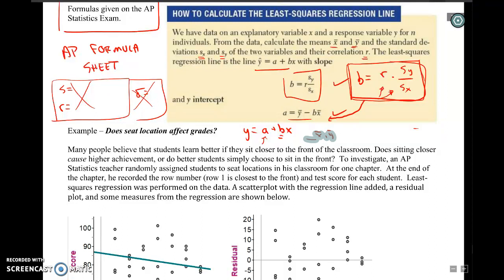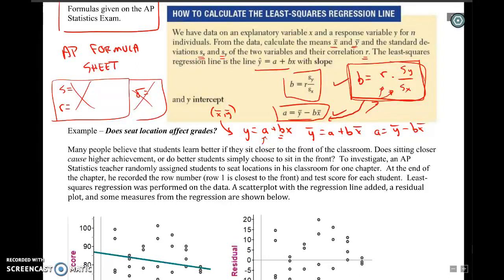So if I plug in my mean, because I know that's a point, if you plug that point into that formula, y bar equals a plus b x bar. If you want to solve it for a, you just take y bar minus b x bar. So that's where these two equations come from.